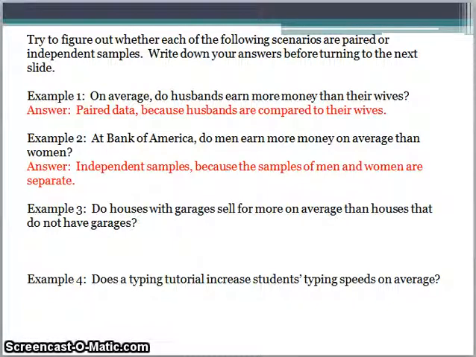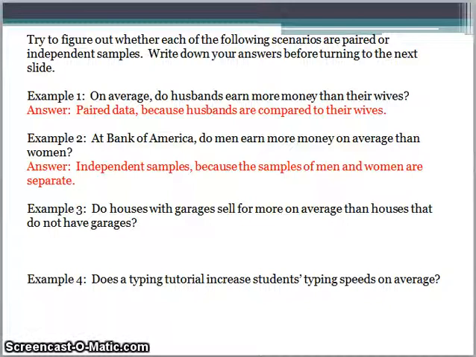And this is actually one way that in research they can control for an extraneous or confounding factor.